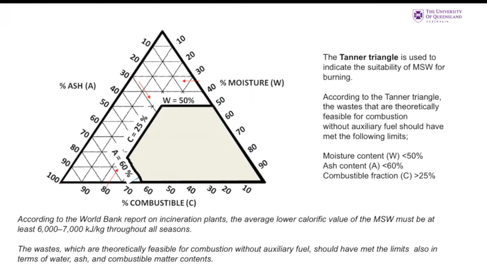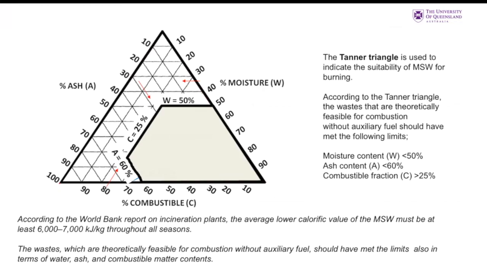The wastes are theoretically feasible for combustion without auxiliary fuel, because the information that we get from this heat value is whether we will require additional fuel or not. But the waste also has to meet the limits in terms of water, ash, and combustible matter contents.